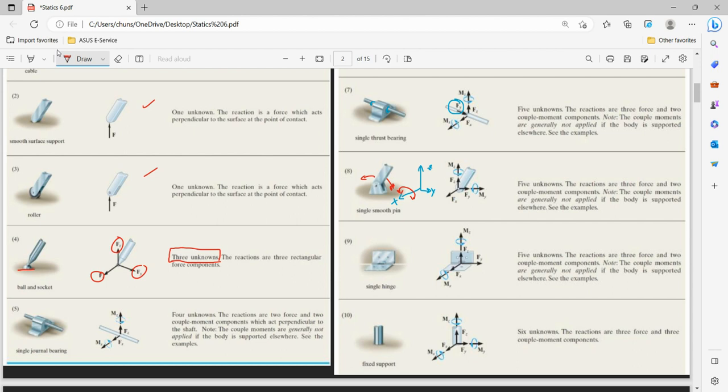We could still move it side to side along our x-axis, so there's no moment about x, but because we can't lift it off the ground, we can't move it backwards, move it forwards, or move it side to side, that produces our 3 force reactions and 2 moments about z and y because we cannot rotate about those axes.